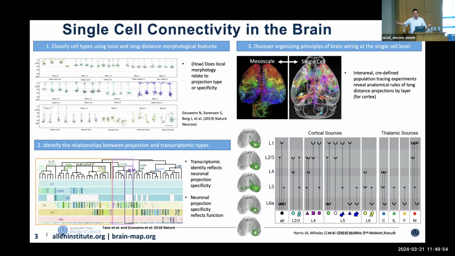Why do I call that mesoscale? We do know that certain neurons are connected to certain neurons, going from one region to another, so we've beaten out the macro people that way. But we don't know which neurons are connected to which neurons. We don't have a circuit. All we know is a bunch of neurons are communicating with a bunch of neurons. That's what I mean by mesoscale.